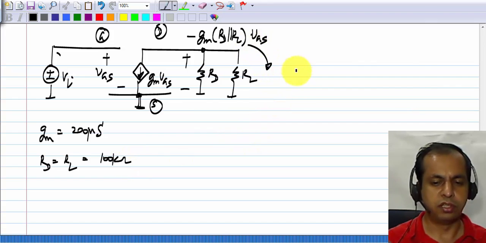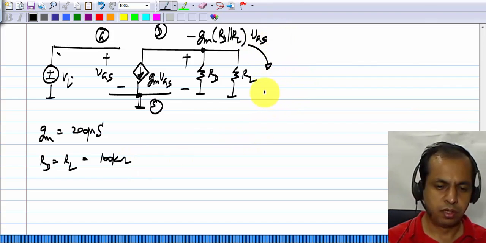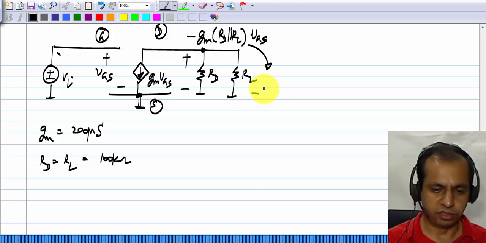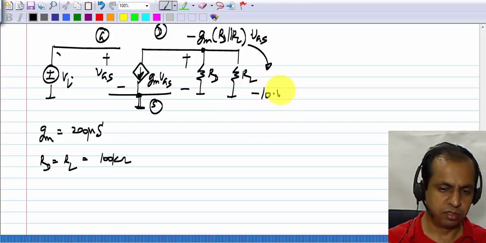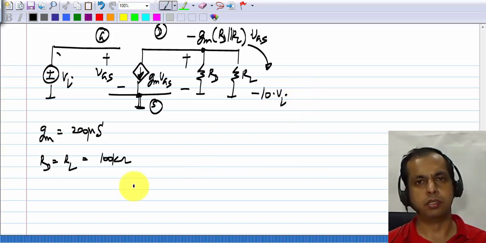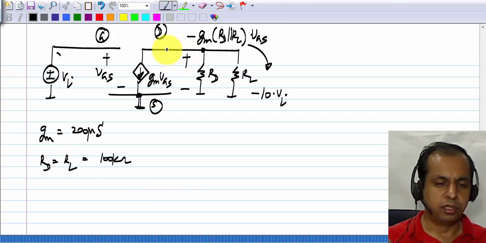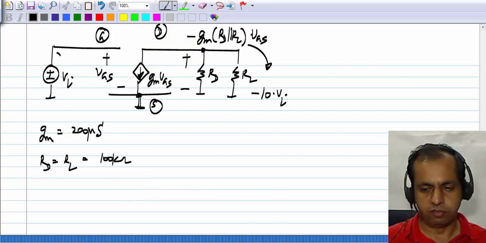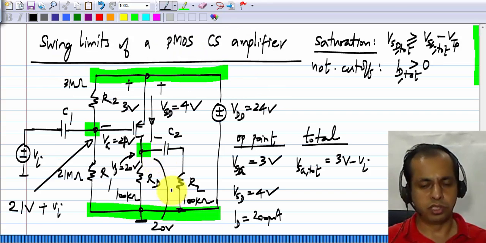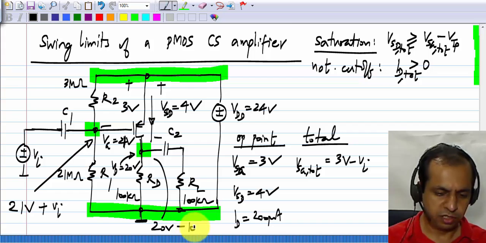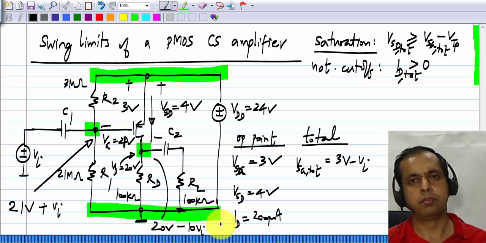So this turns out to be minus 200 times 50, so that is minus 10 times Vi. So the incremental voltage at the drain is minus 10 Vi. So the total voltage is 20 volts minus 10 times Vi.